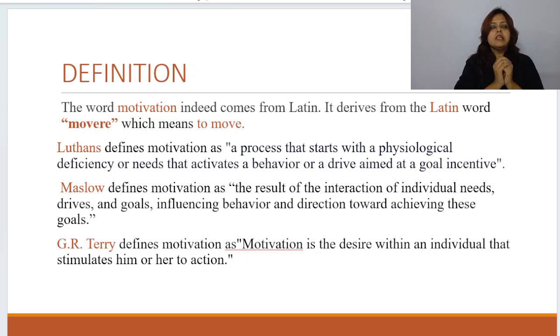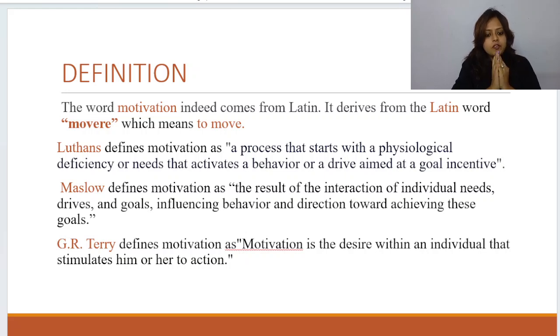Motivation can be considered as a process through which an individual tries to move to carry out certain actions so that they can achieve the ultimate goal or objective. It means that through motivation, an individual gets a drive to achieve something which he or she has been longing for over a long period of time.